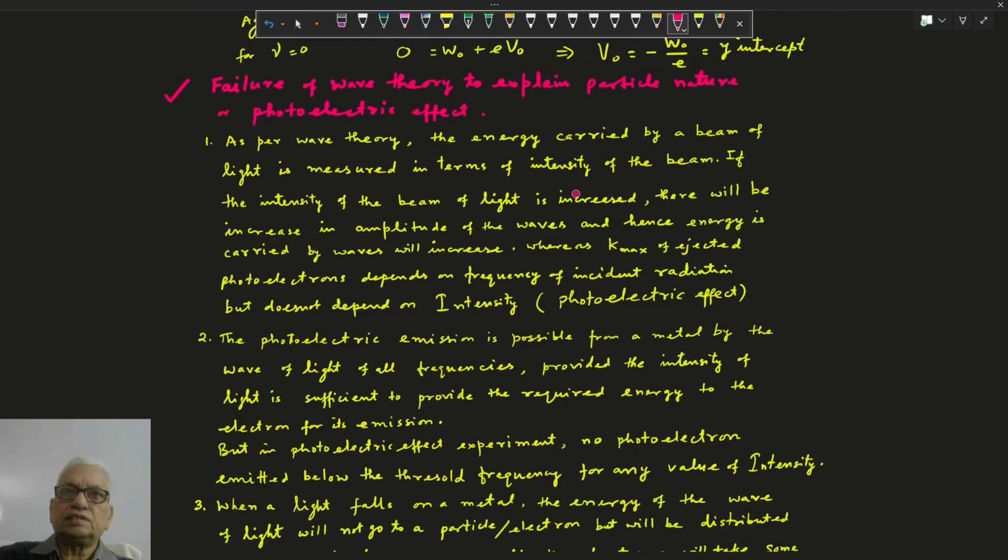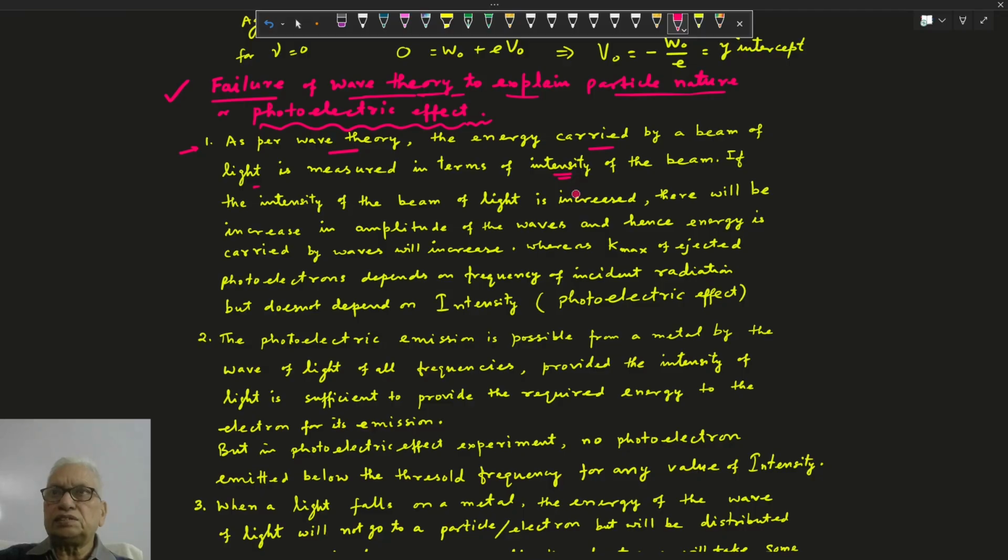Now this is also a repeated question: failure of wave theory to explain the particle nature. Here the photoelectric effect cannot be explained by the wave theory. Point number 1: as per the wave theory, energy carried by a beam of light is measured in terms of intensity.